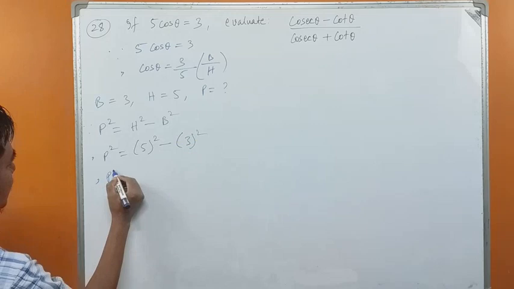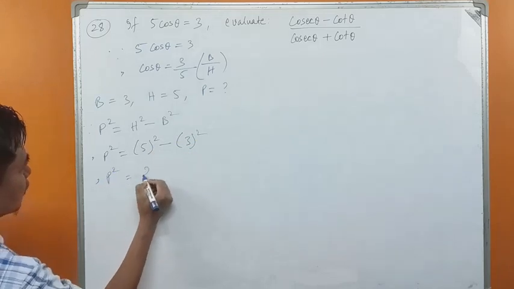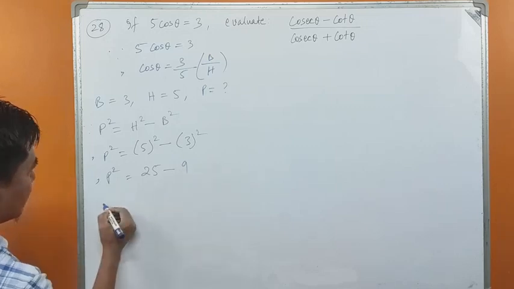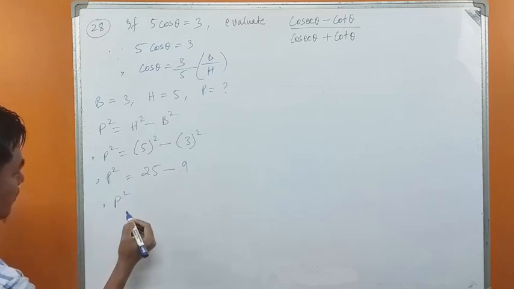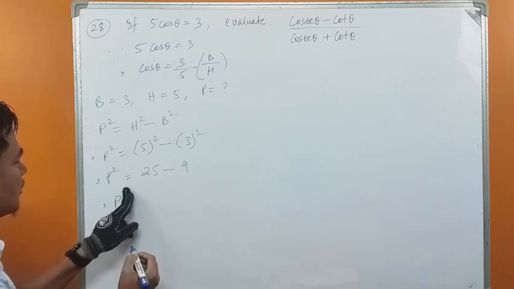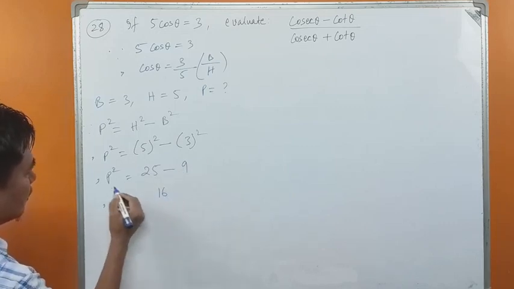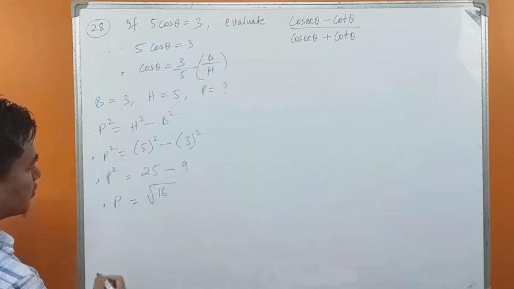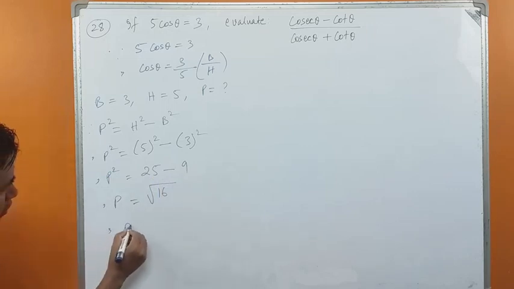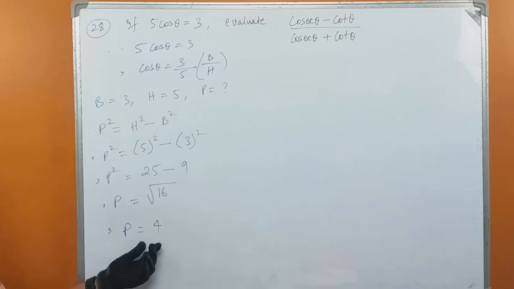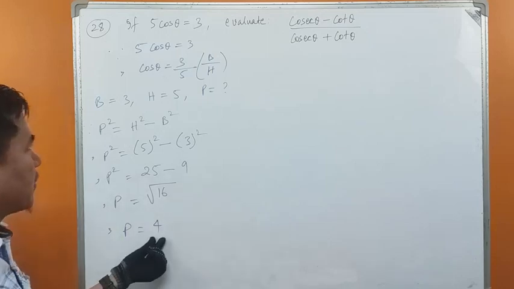So p squared equals 5 squared is 25 minus 3 squared is 9. Taking the square to the right hand side, p equals 25 minus 9 is 16, becomes root under, so p equals root under 16, which means 4. 4 fours are 16. So we found the perpendicular is 4.